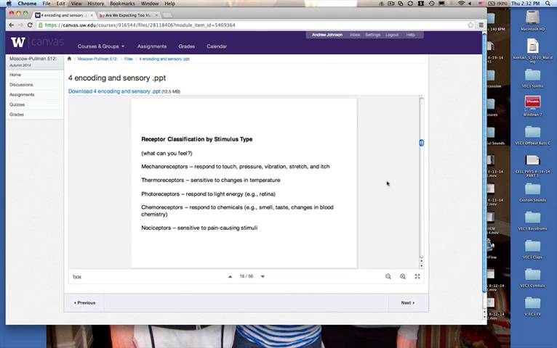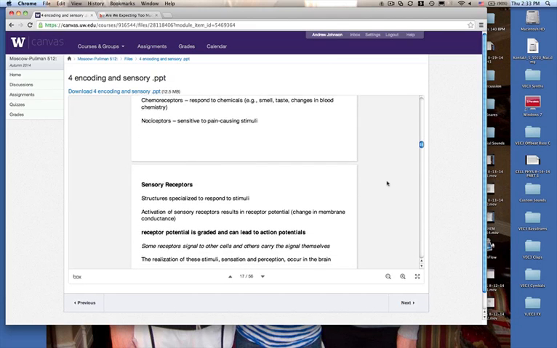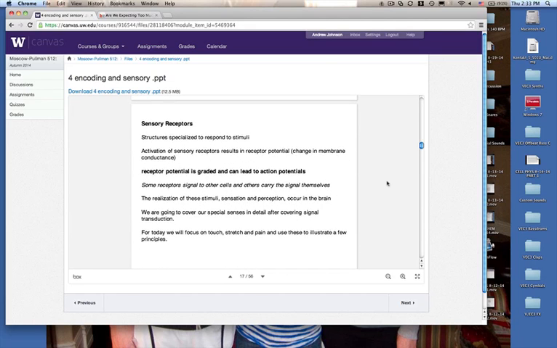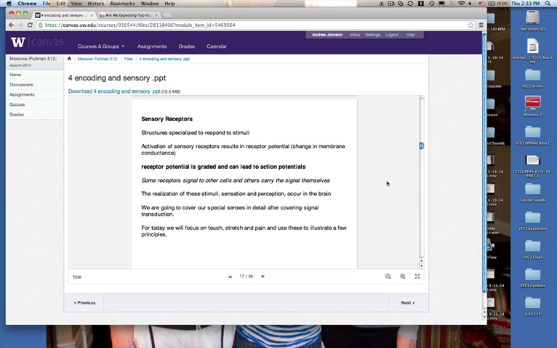So nociceptors detect pain, and I always think like, ouch, no, that's a nociceptor. So you don't want that. I don't know how you'd remember it in other languages. It'd be hopeless. So again, this is just basically how we would classify some receptors.